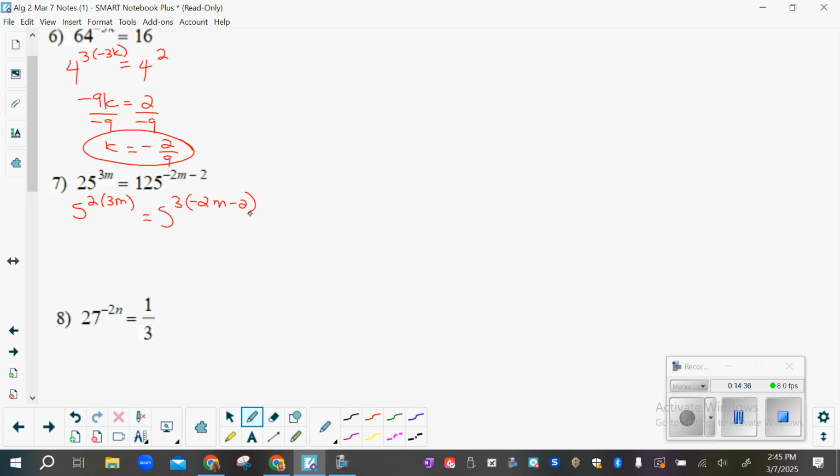So I'm going to change this too. So it's taking the bases away. Actually, this group here, tell me what I do next. Multiply the 2 or 3m and 3. So 2 times 3m would be, and what do I do with 6m?